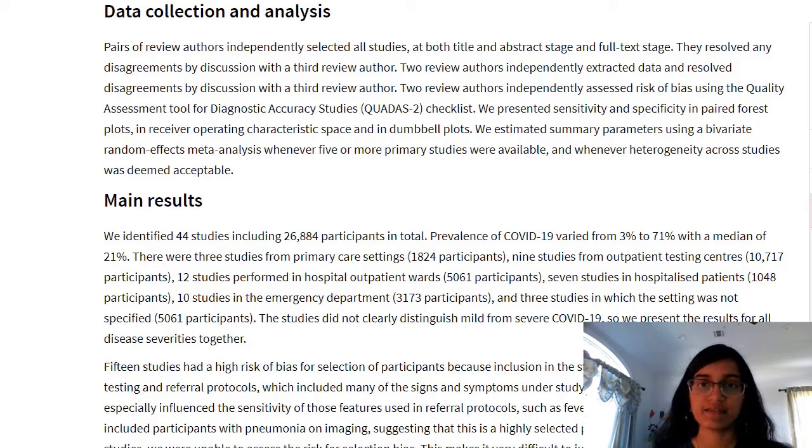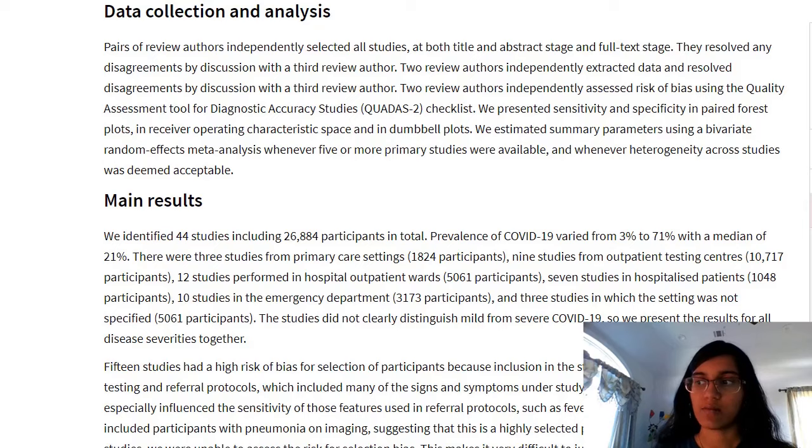Specificity is kind of the opposite. It measures how accurate a test was at confirming the lack of a certain disease. So if someone was asymptomatic, does that mean that for sure they don't have COVID?